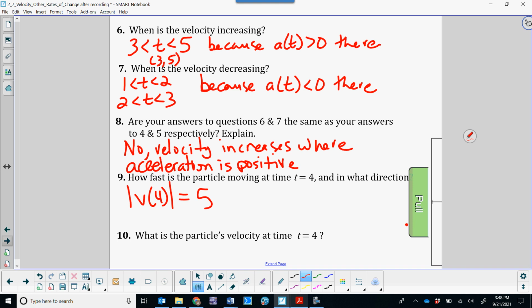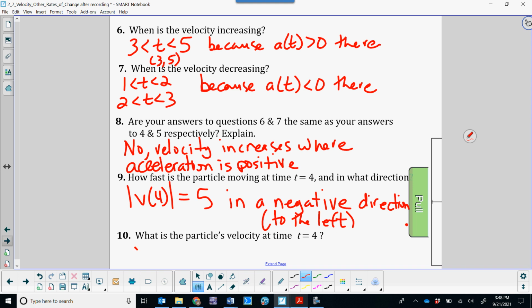And then it says in what direction, and you would say in a negative direction, or since this problem said positive is to the right, you could also say to the left. If I didn't know that the particle was moving right and left, then I could just say it's in a negative direction because the velocity is negative there.